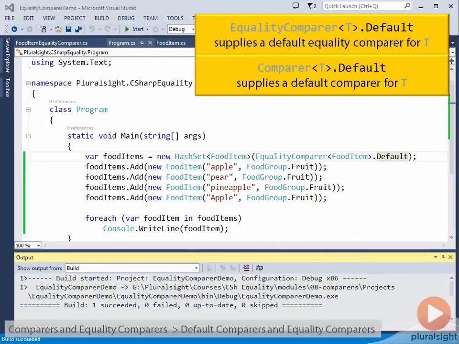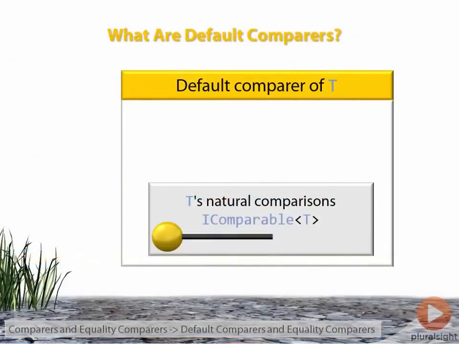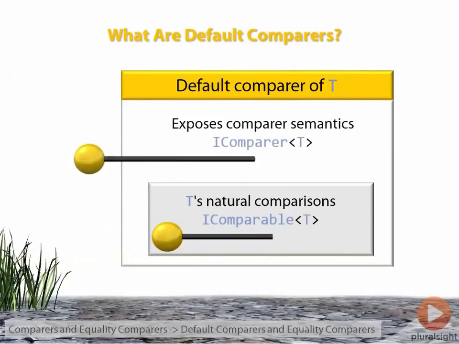So what are these default comparers and equality comparers? Well, the slide shows the situation for comparers. Default comparers are singletons that use a type's own natural comparison implementation, but wrap it in comparer semantics, so you can access the type's IComparable<T> comparisons using the IComparer<T> interface.